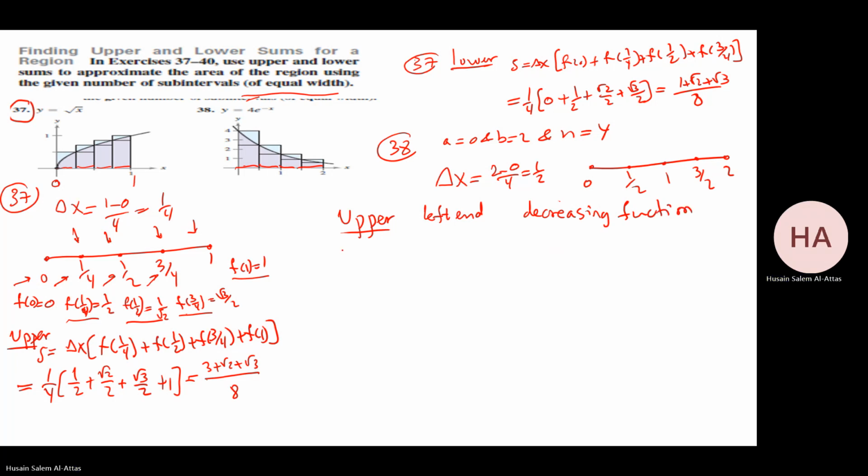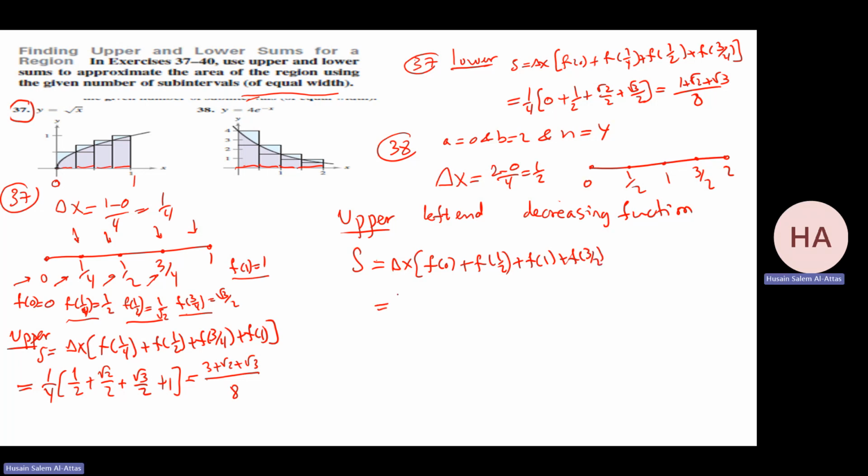So call it capital S, which will be delta x times f at 0 plus f at half plus f at 1 plus f at 3 over 2.